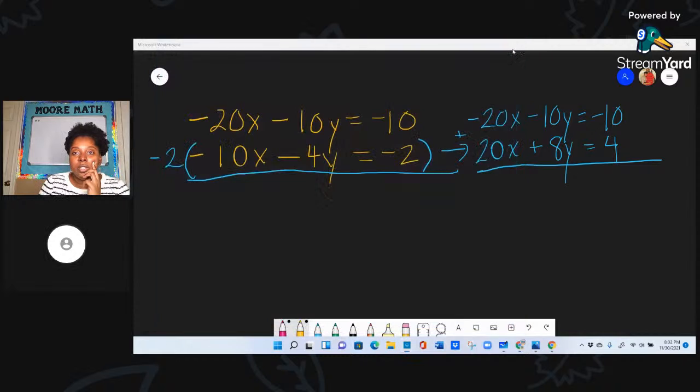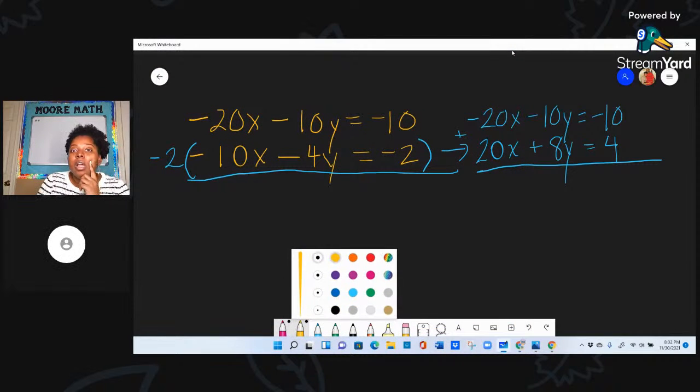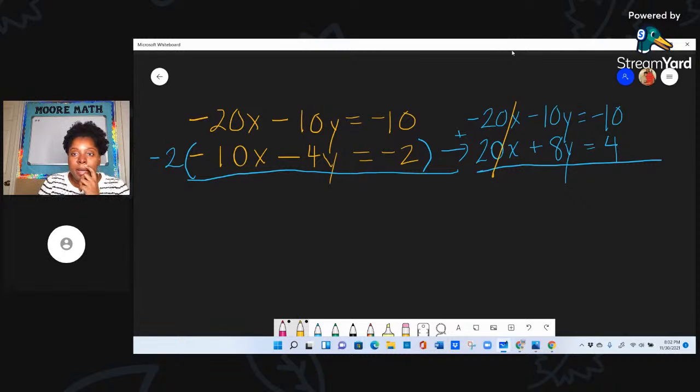The x's cancel out. Good. Keep going. Negative 10y and 8y make negative 2y. Good. What keeps happening?